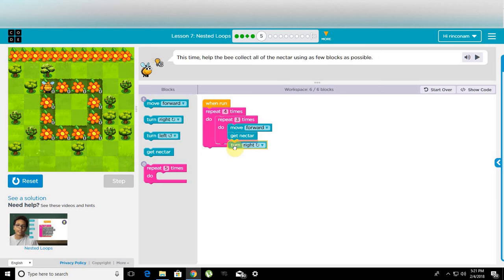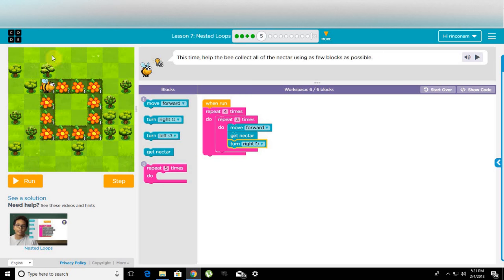If I were to put this turn right here, what the computer would read is after I move forward and get a nectar, I would turn right, which would take my bee forward 1 space, he would collect this nectar, and then he would immediately turn this direction, which wouldn't allow me to finish the puzzle. So it can't be after the get nectar.